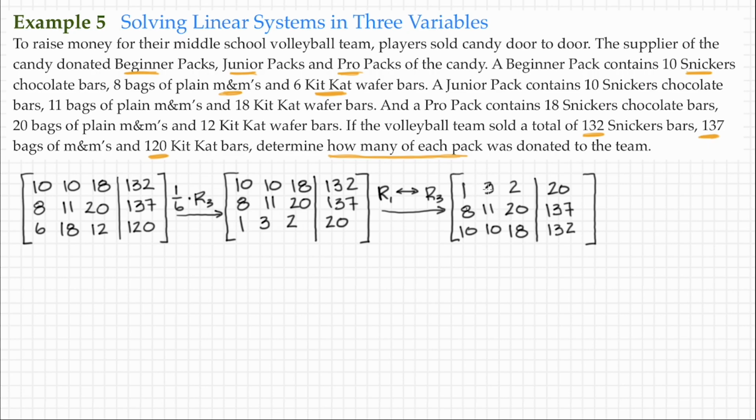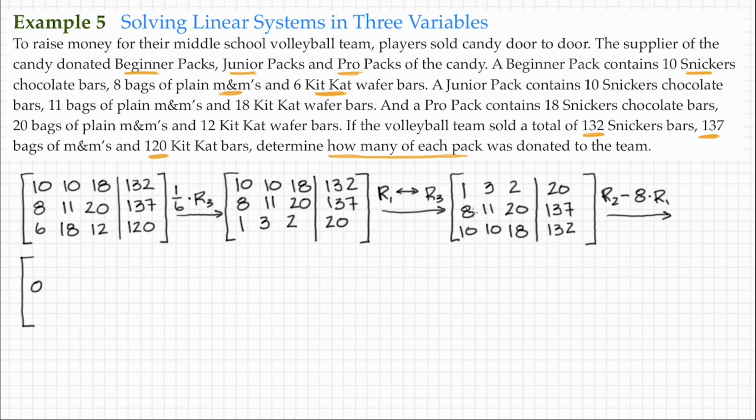Now we'll use row operations to target this value or this one. It doesn't really matter where you start. How about if we say row 2, and I'm going to subtract out 8 times row 1. So 1 times 8 is 8. 8 minus 8, 0.